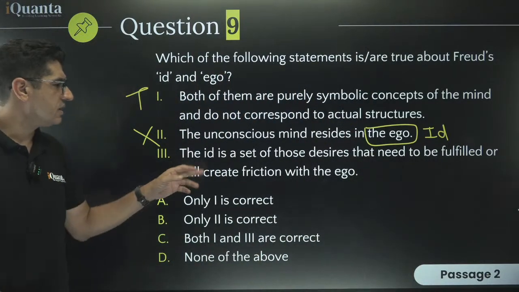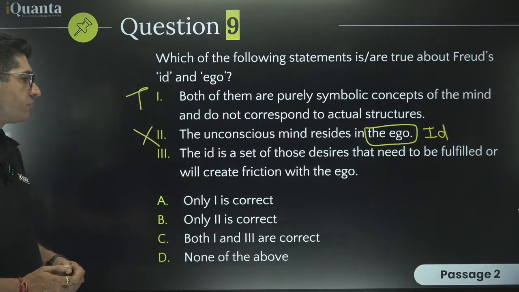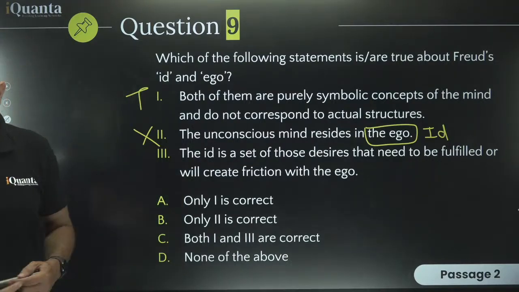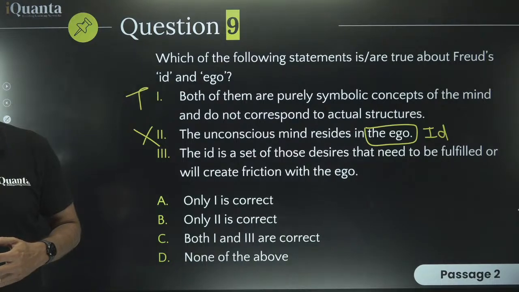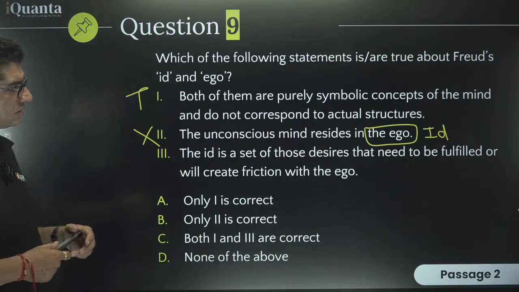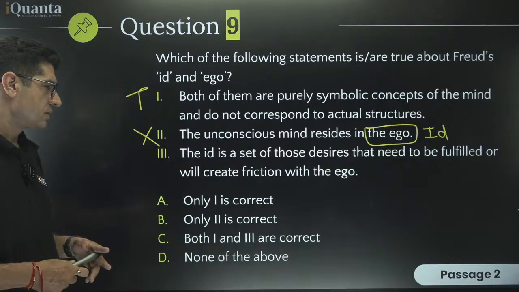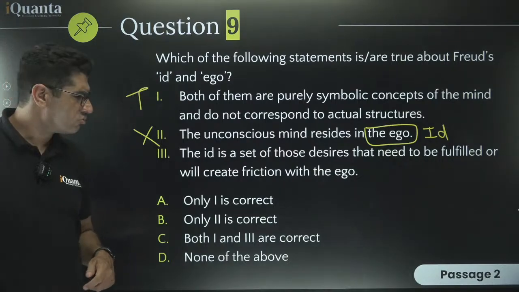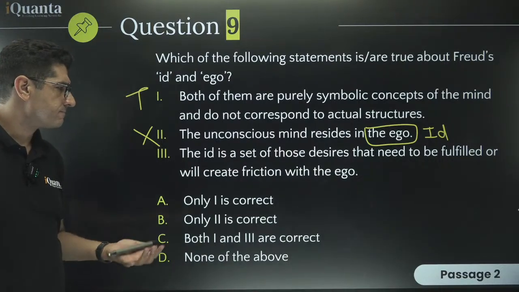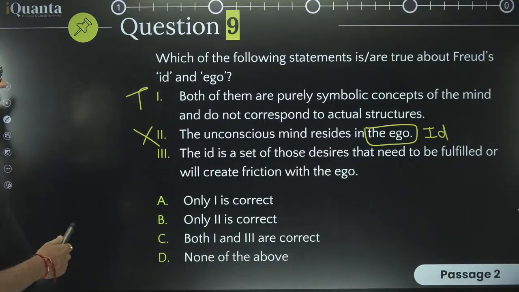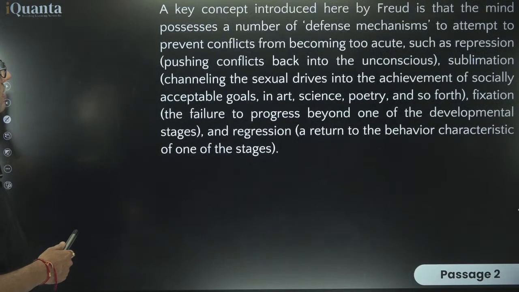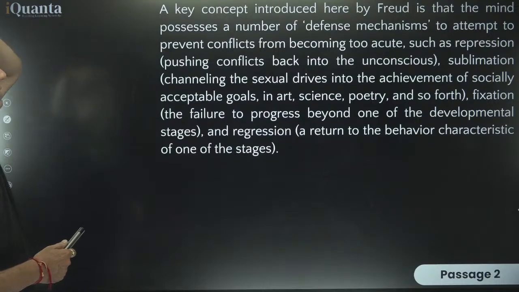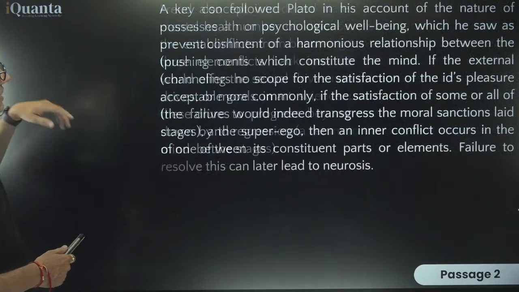Okay, then third, the id is a set of those desires that need to be fulfilled or will create friction with the ego. So that's true or not? What does id create friction with? Let's go ahead and look at it. Okay, the conflicts were in the second last paragraph.